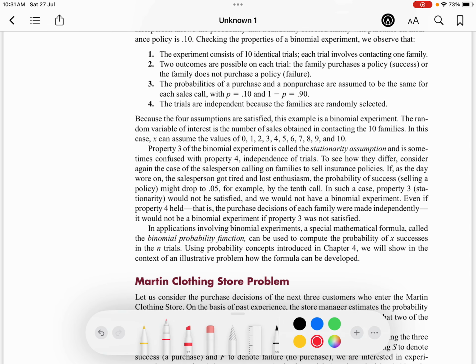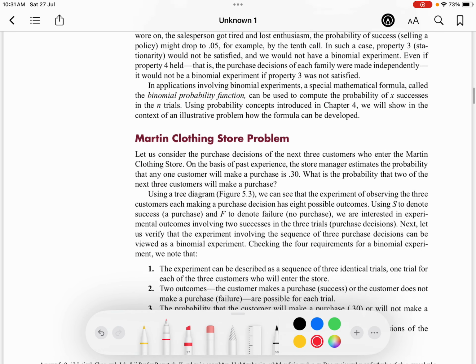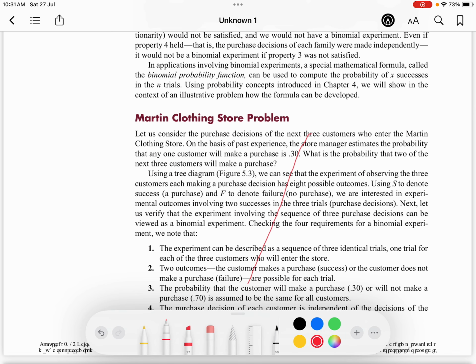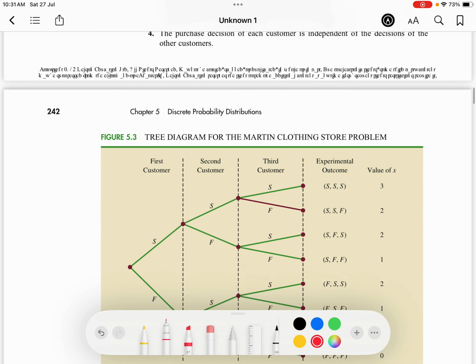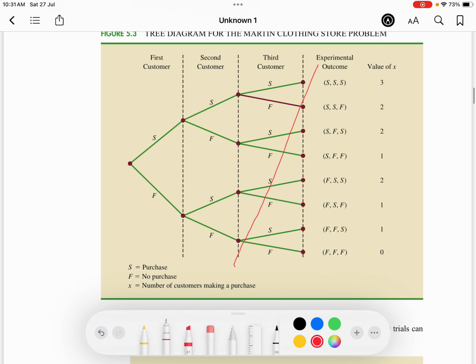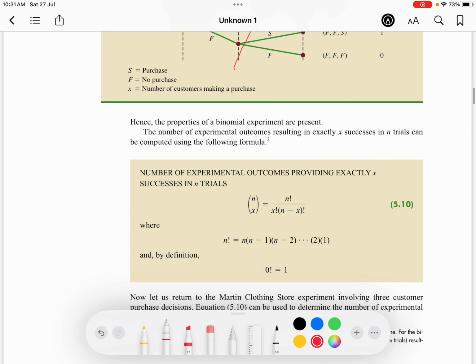Here we notice that the Martin Clothing Store problem, I will delete it. Also I will delete it. Here it is important. The number of experimental outcomes resulting in exactly x successes in n trials can be computed using the following formula.